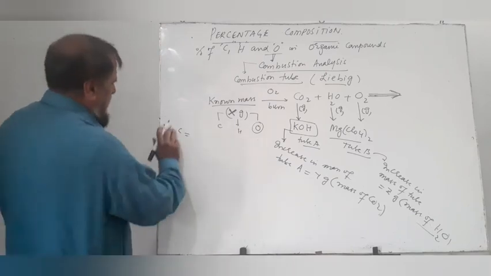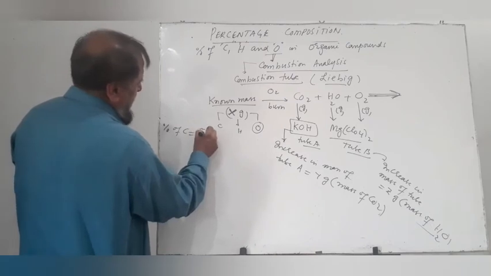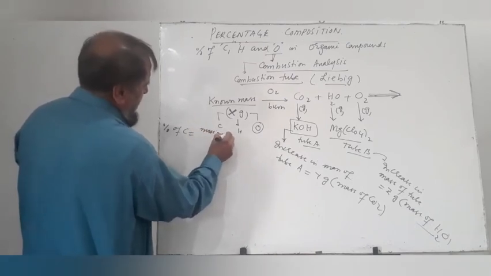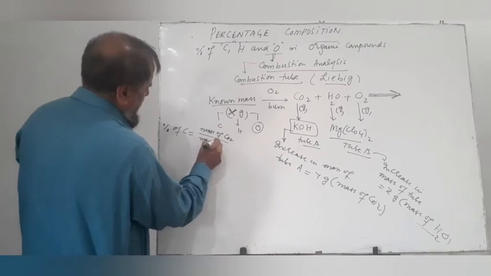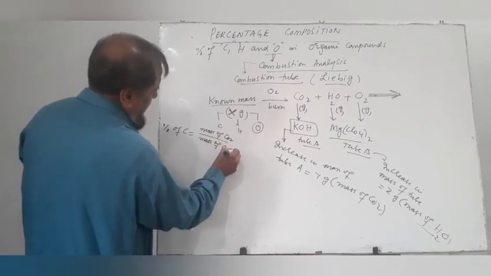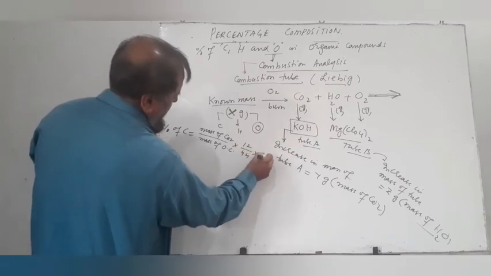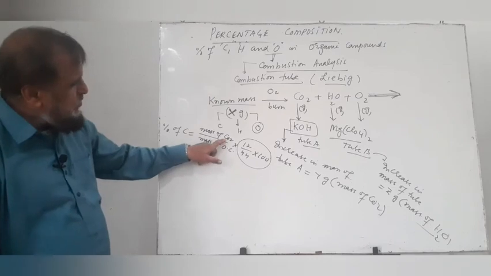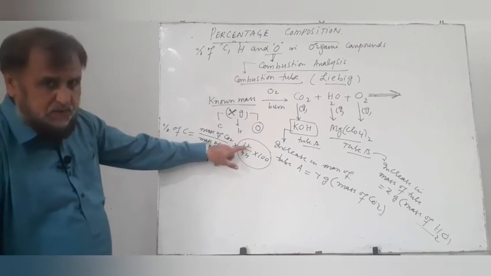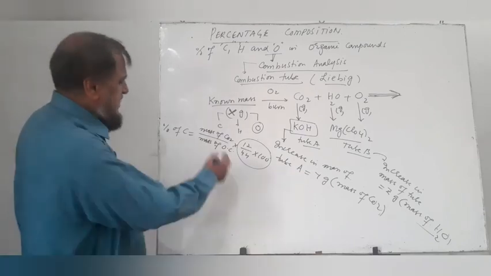The relationship for calculating the percentage of carbon is mass of carbon dioxide divided by mass of organic compound, into 12 by 44, into 100. It is the percentage factor. We know that 44 grams of CO2 contains 12 grams of carbon, then 100 grams will contain how much carbon, and it will be the percentage.